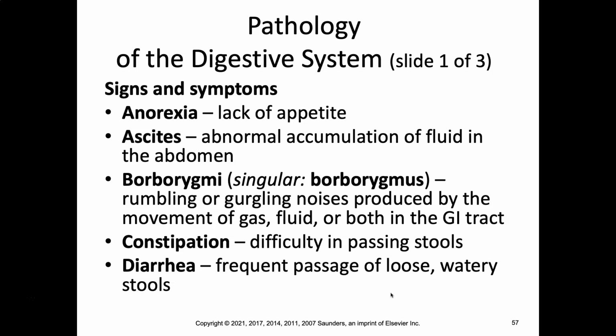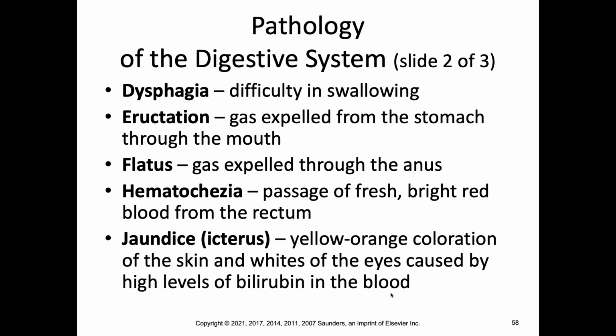Constipation is difficulty passing stools. Diarrhea is frequent passage of loose, watery stools. Dysphagia, difficulty swallowing. Eructation is when gas is expelled from the stomach through the mouth, also known as burping. Flatus is gas expelled through the anus.